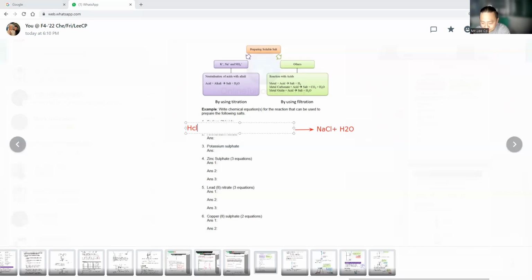HCl, hydrochloric acid, plus NaOH. So I want to get this.